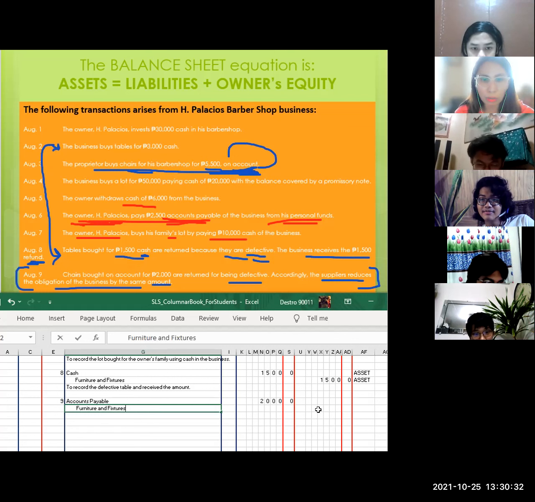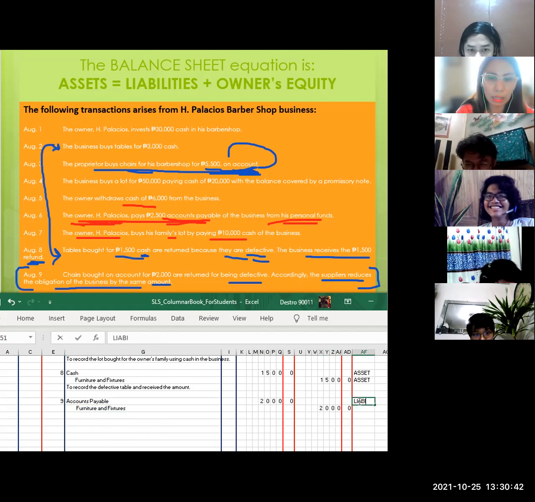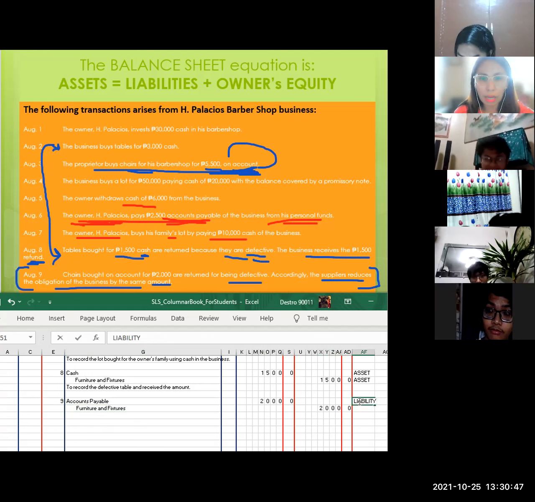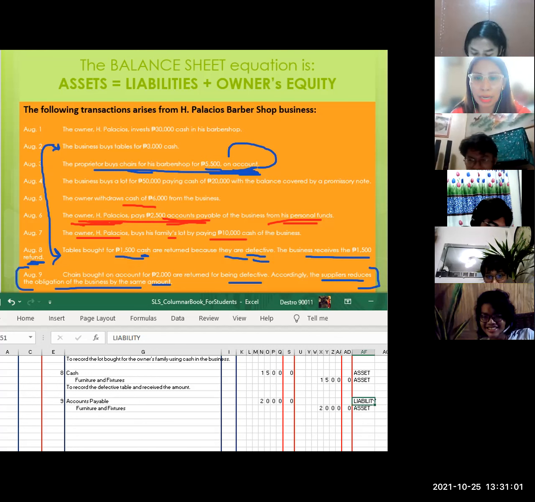The same amount, 2,000 pesos. So, accounts payable is a liability account. And furniture and fixtures is an asset account. When you place liability on the debit side, it decreases its value. It decreases the amount in the liability.